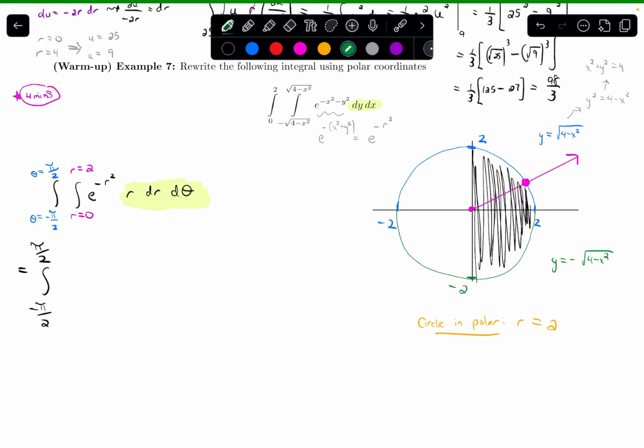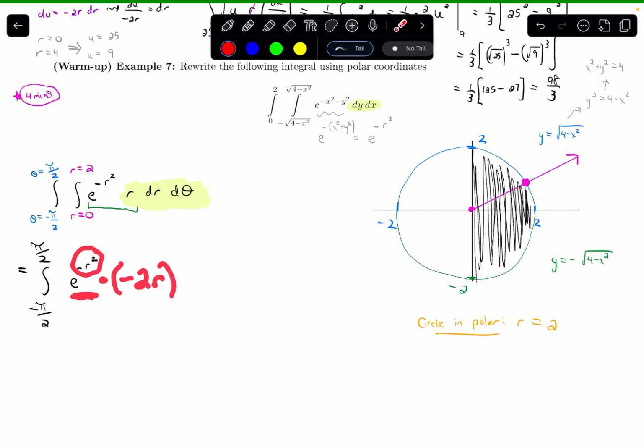And then for the antiderivative of e to the negative r squared times r, we could do a u-substitution on this, but let's practice doing this by what I call educated guess and check. I know the antiderivative of e to the stuff like this often has e to that stuff in it, but let's check if this is right. I know the derivative of e to the stuff will be e to that stuff times the derivative of this stuff, which will give me a negative 2r.